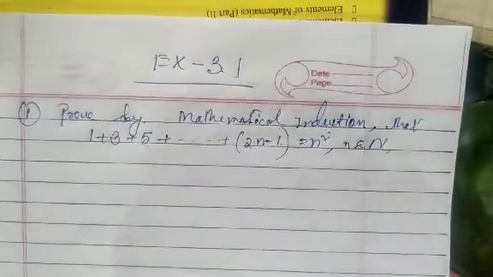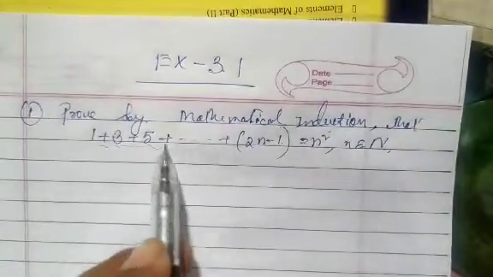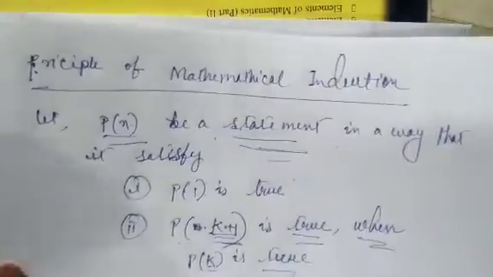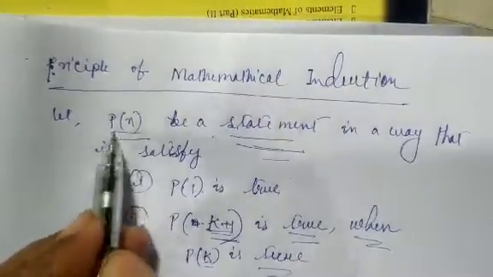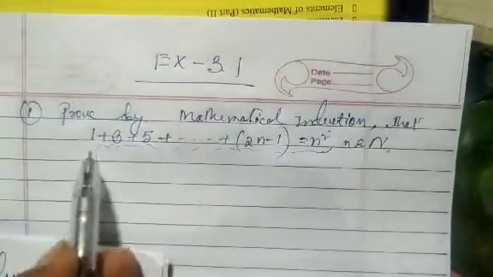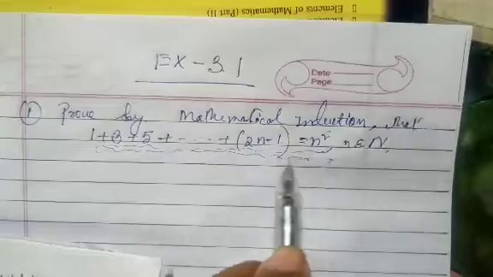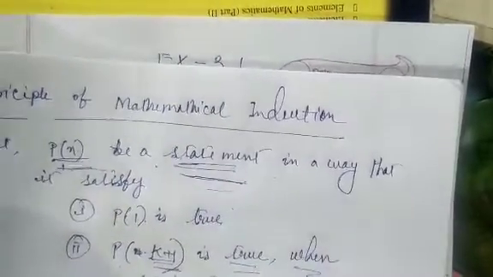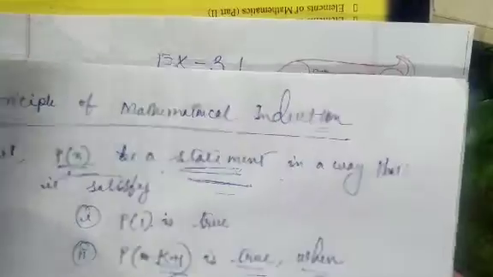In the question, this one complete is called the statement. Initially I told you that at first we have to take P(n) as the statement. So in this case, the statement is this complete one. Let it be P(n).